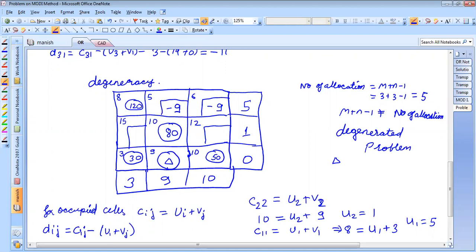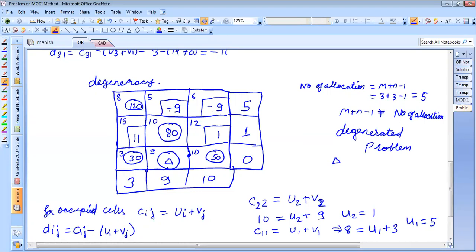Similarly here, 6 minus 5 plus 10, 15. 6 minus 15 is minus 9. Similarly here, 15 minus 1 plus 3 is 4, so this will be 11. 12 minus 1 plus 10 is 11. Correct? So both are minus 9, minus 9.